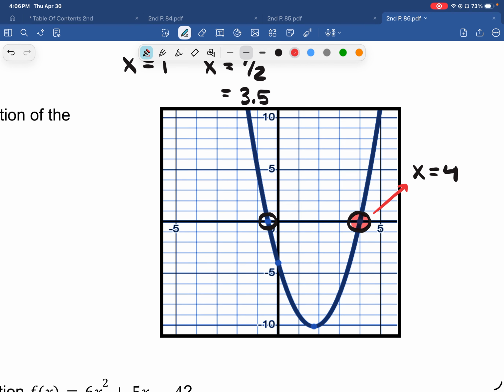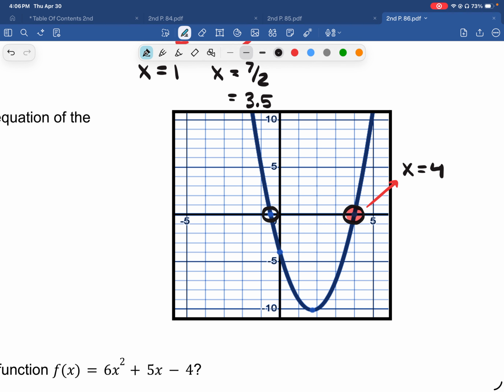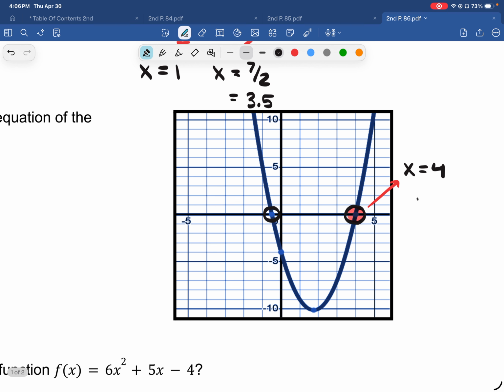Now, if you had a solution, a 0, an x-intercept, a root of x equals 4, then you must have had the factor x minus 4. On the other hand, the graph crosses between 0 and negative 1. So that is negative 0.5.